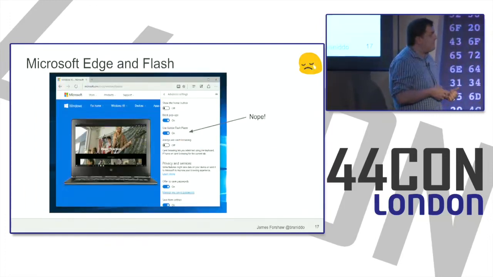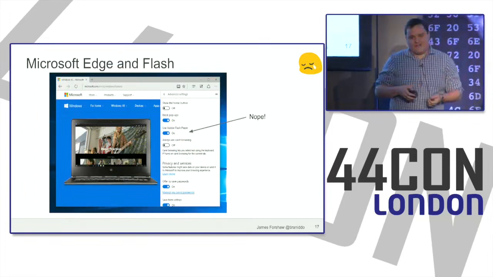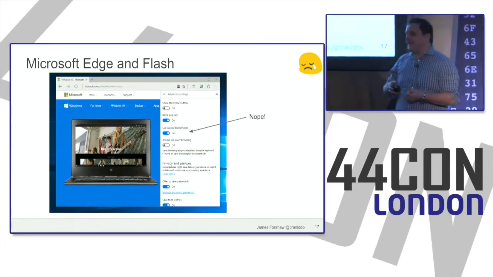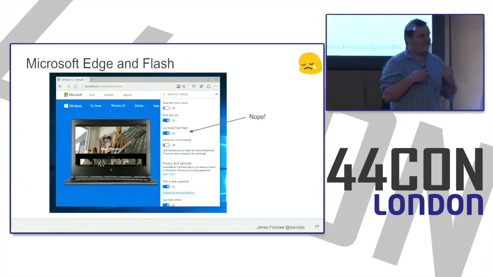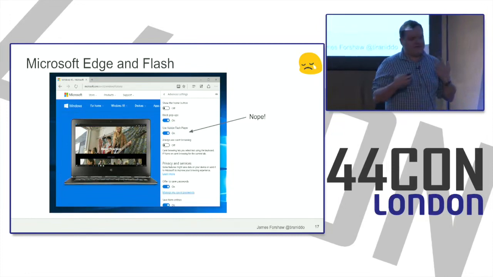But nothing's ever perfect. Obviously, I can't really throw stones here from a Google perspective, but it's sad to see that Flash just continues to keep on going and keep being a useful primitive to exploit even the latest, greatest browser which comes out. Oh well, we have to have Flash because some advert needs it. But of course, in Edge's case, it's still using the ActiveX version of Flash.